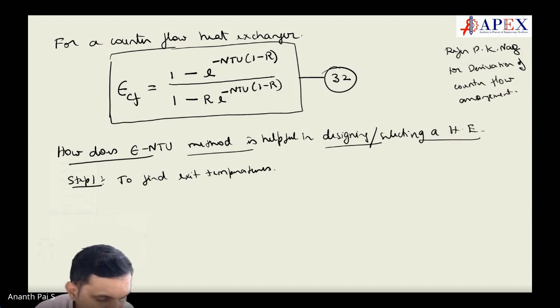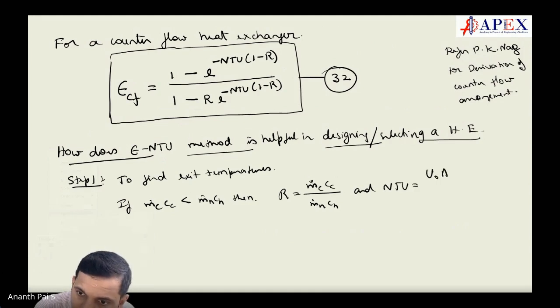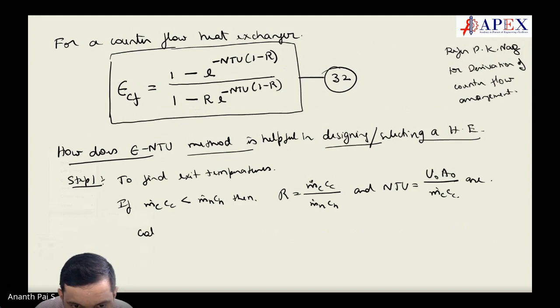If m dot c Cc is less than m dot h Ch, then R would be equal to m dot c Cc divided by m dot h Ch, and NTU would be equal to U naught A naught by m dot c Cc. R can be calculated. We know all those things, is it not? We can calculate it.